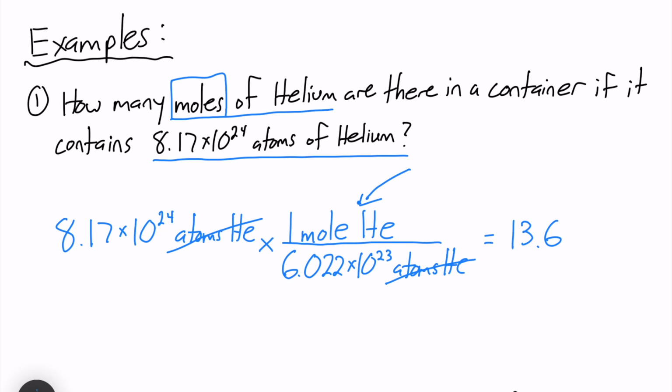Okay, so we were given 3 sig figs in our question. We're going to keep 3 sig figs in our answer, and our units here is moles of He. So it should look something like that. All right, that is example 1.